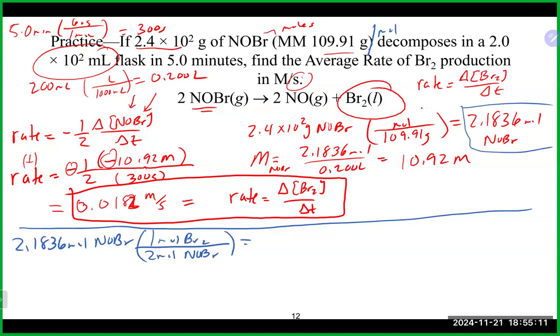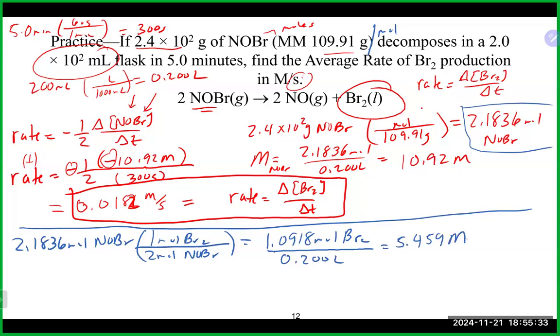That will get you your conversion over to BR2, which is 1.0918 moles of BR2. You then can turn that into molarity by dividing by the volume, 0.2 liters.